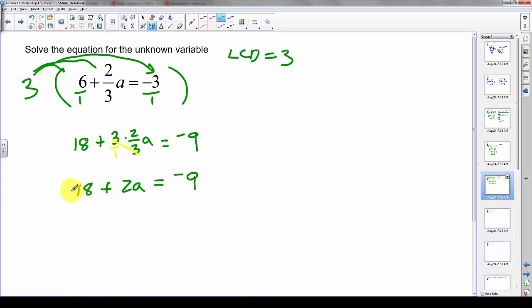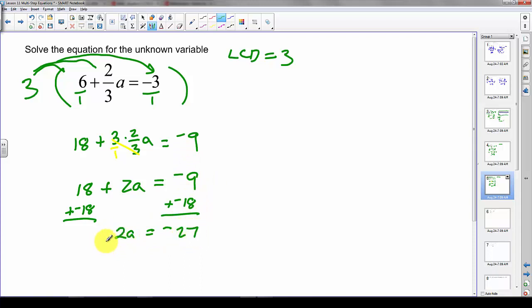I need to get rid of this 18 before I deal with the multiplication. So in this case, I'm going to add negative 18 to undo that, or I could subtract 18, it doesn't matter. So in this case, I have 0 plus 2a is equal to, both these terms are negative, so I keep that sign, add up, I get 27.